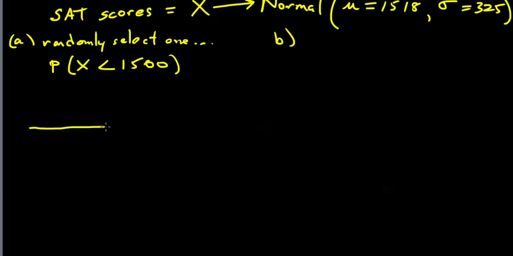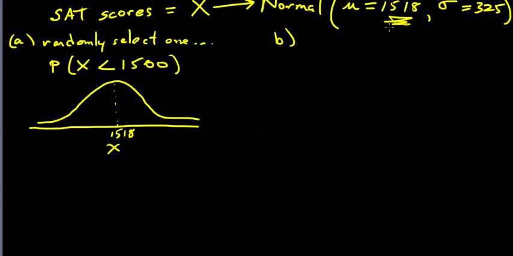If I draw a quick little diagram here, the book always encourages us to draw a diagram so we don't lose sight of what's happening here. All these SAT scores have a normal distribution. They peak at the mean of 1518, which you recall the author gives us. I want the probability that x is less than 1500.